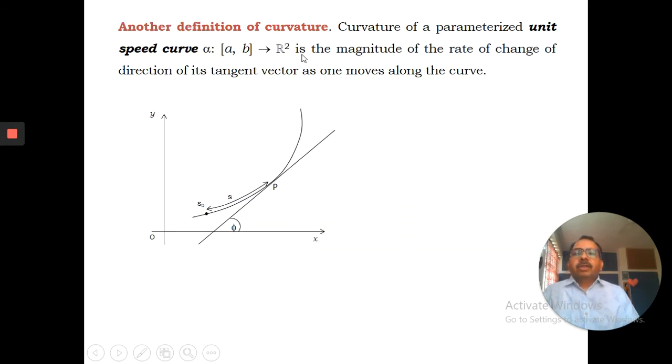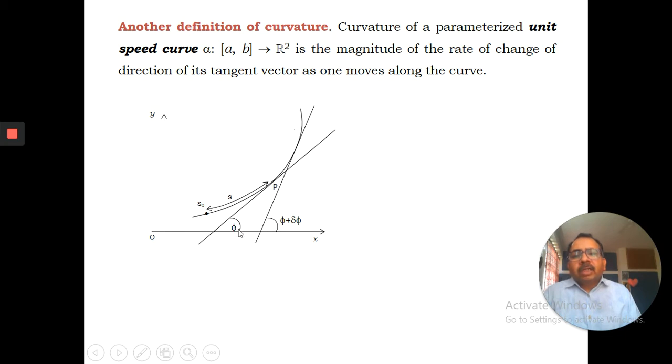So, another definition of curvature. The curvature of a parameterized unit speed curve alpha is the magnitude of the rate of change of direction of its tangent vector as one moves along the curve. So here I have drawn a curve, and this P is a tangent vector. If you move along the curve, how does this tangent vector change? The tangent vector from here is shifted to this point.